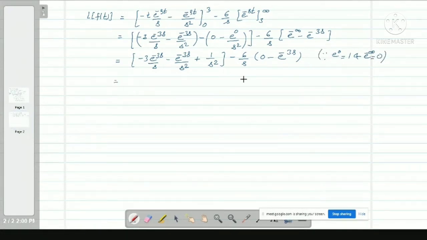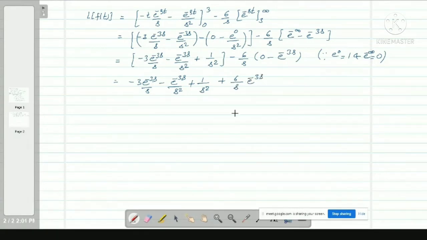Just simplify this. So minus 3 e raised to minus 3s by s, minus e raised to minus 3s by s square, and plus 1 upon s square, minus minus goes plus 6 by s e raised to minus 3s. So this is 6 times e raised to minus 3s by s.